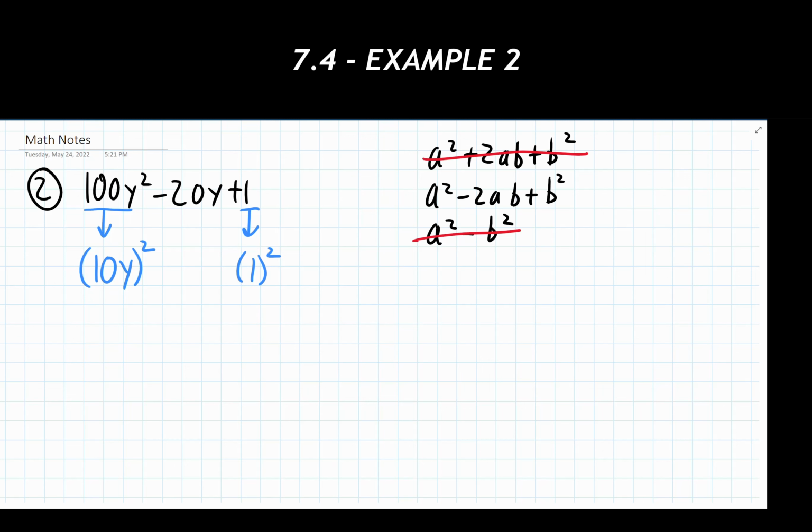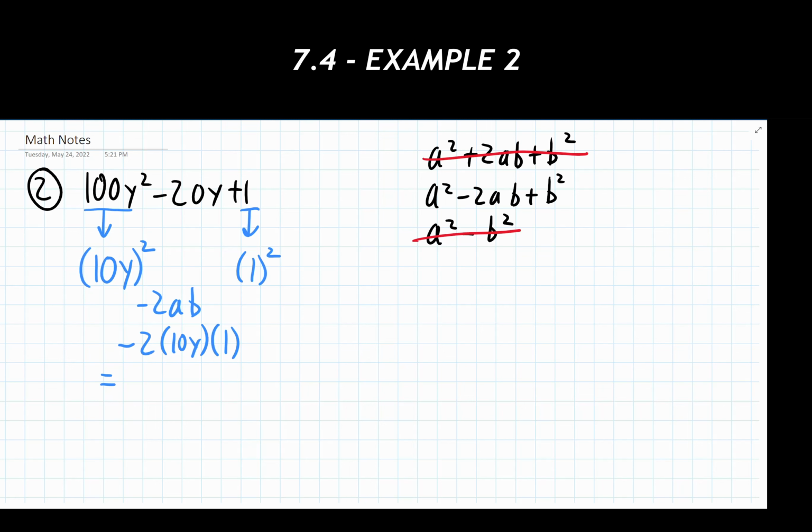And now I need to check that if I were to plug those two things for a and b into -2 times ab, will I get this middle term here? So I'm going to write out for myself minus 2ab, and then I'm plugging in what I determined for the a value, which is 10y, plugging in what I determined for the b value, which is 1, and then multiply everything together.